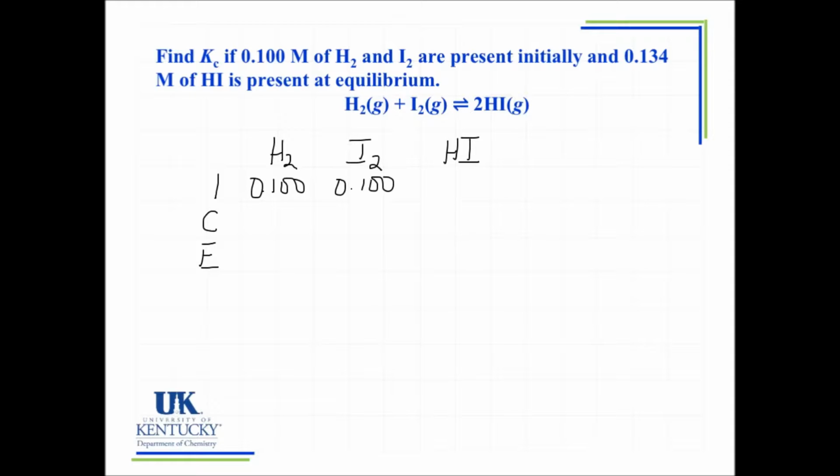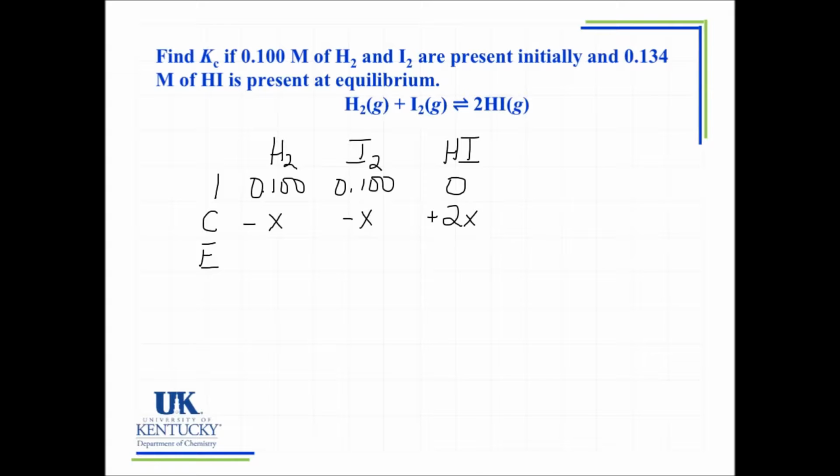We also see that there's no mention of our initial concentration of HI, so we can assume that that is 0. The next thing we need to look at is our change row, and we do this in terms of x. So I know that if I lose some x amount of H2, I'm going to lose the same amount of I2, and I'm going to gain twice as much of my HI, because as we lose reactants, we're going to products.